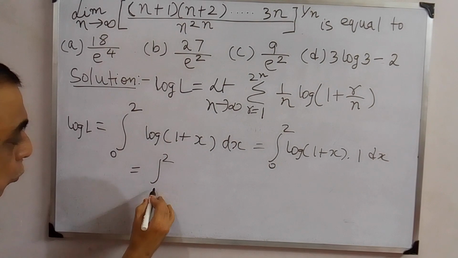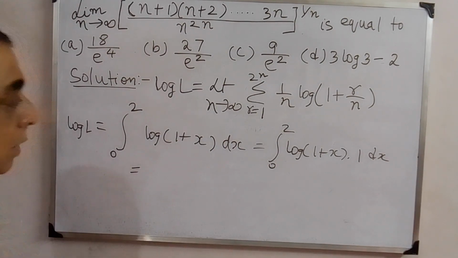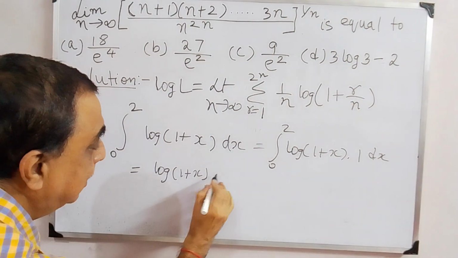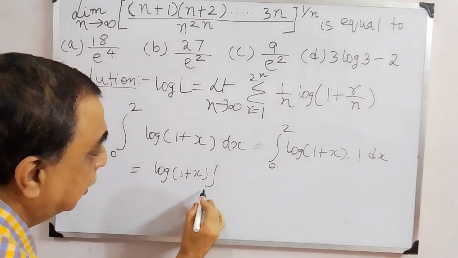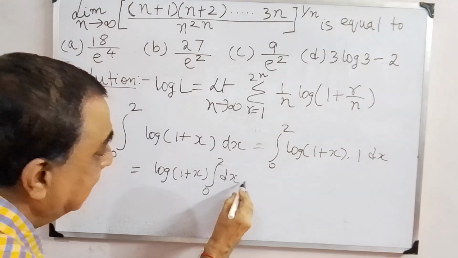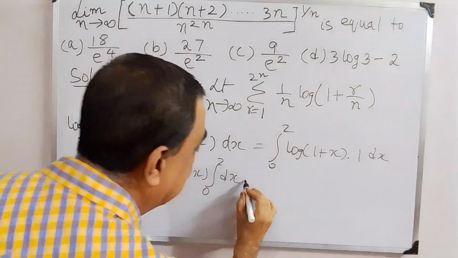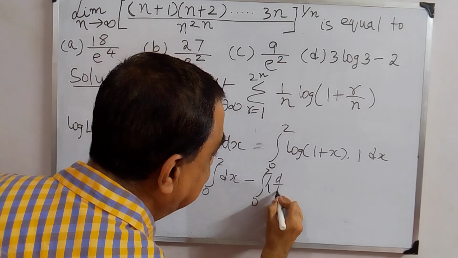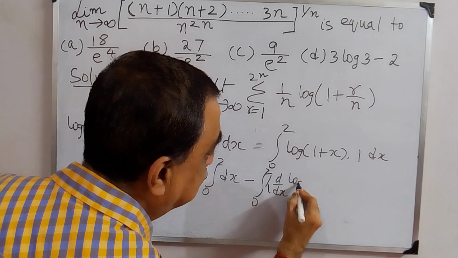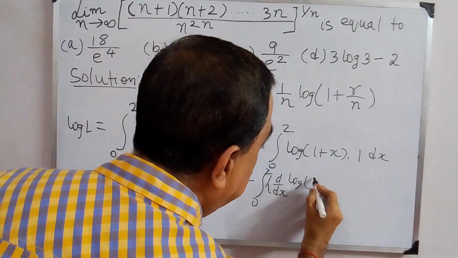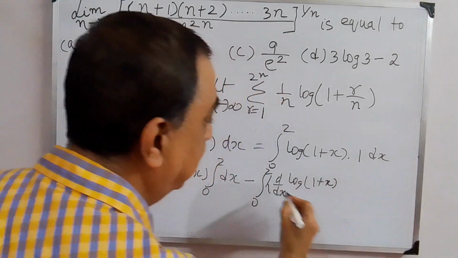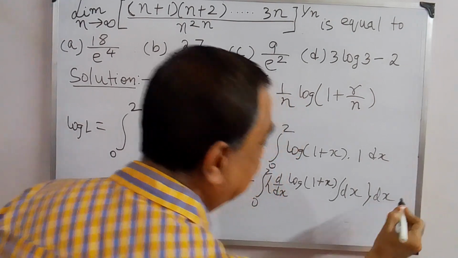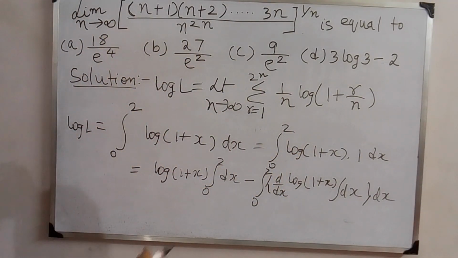Integration by parts is: the first function into the integration of the second function, so 1 into dx is x, from 0 to 2, minus the integral from 0 to 2 of d/dx of the first function, log of 1 plus x, into the integration of the second function, whole dx.